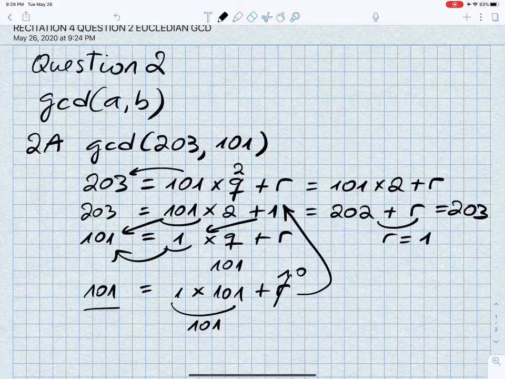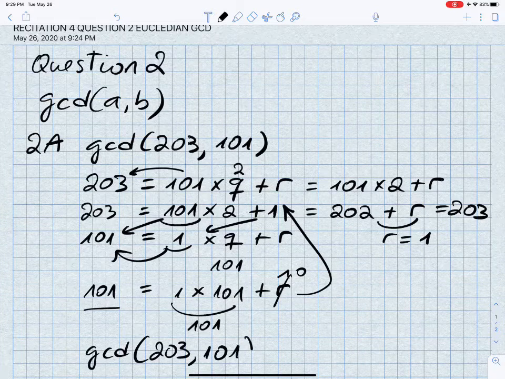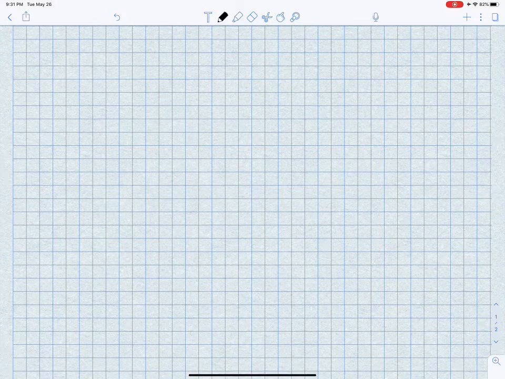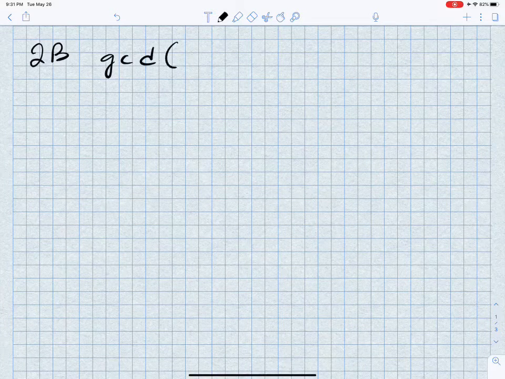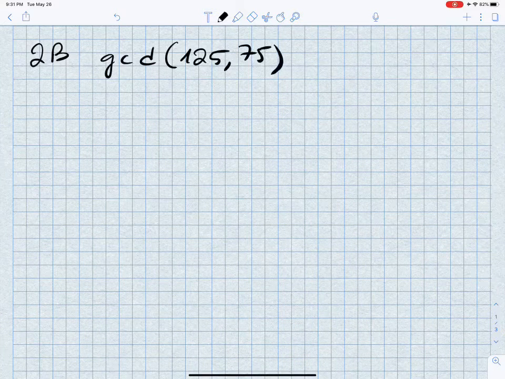So we say that the GCD, greatest common denominator of 203 and 101, is 1. All right, so now let's work on 2B. And for 2B, we're asked to calculate the greatest common denominator of 125 and 75.